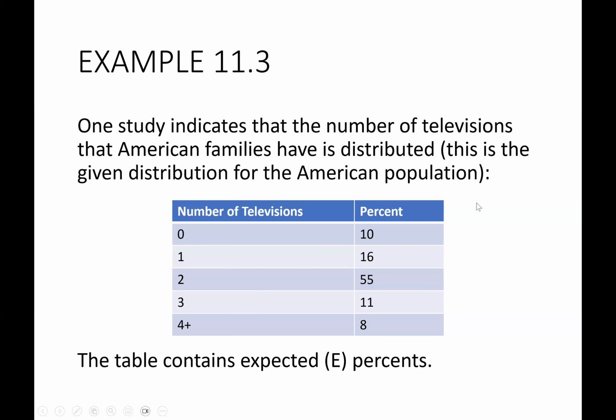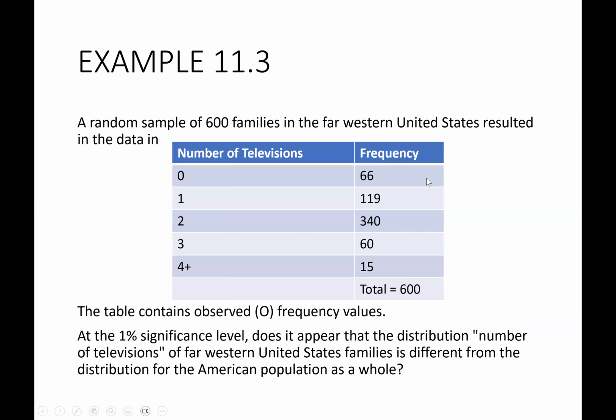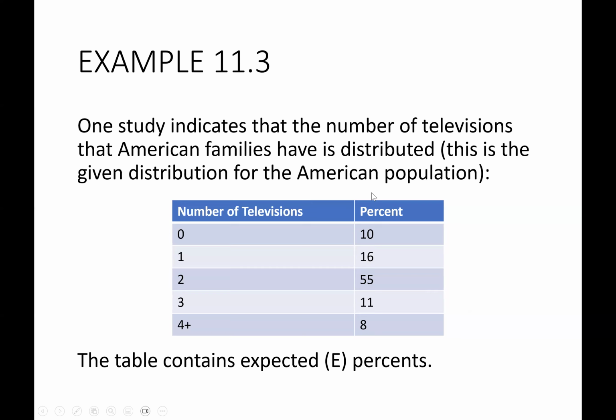Now, this first table they give me in percentages. In the second table, they give me a frequency. So I'm going to have to calculate the frequency from these percentages. I'm going to take the 10% and multiply that by 600. Out of those 600 observed people, if the number of televisions they have fits what I expect, I should see 60.